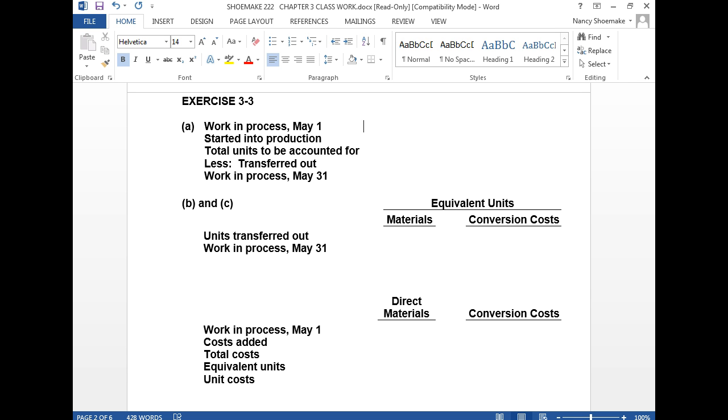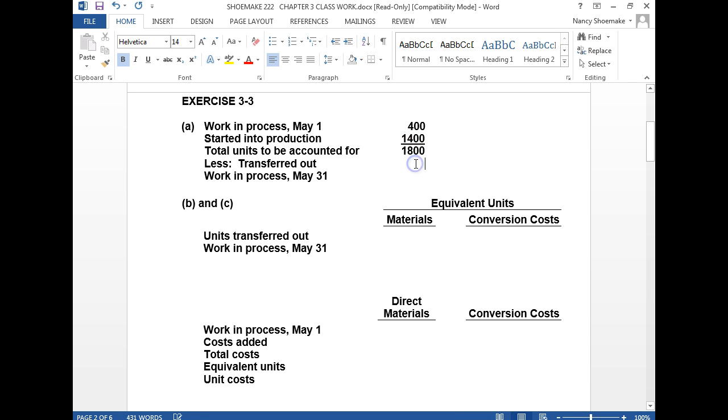Not the cost, the dollar cost, but how many? 400. Then started into production. How many? 1,400. Total units to be accounted for here, 1,800.